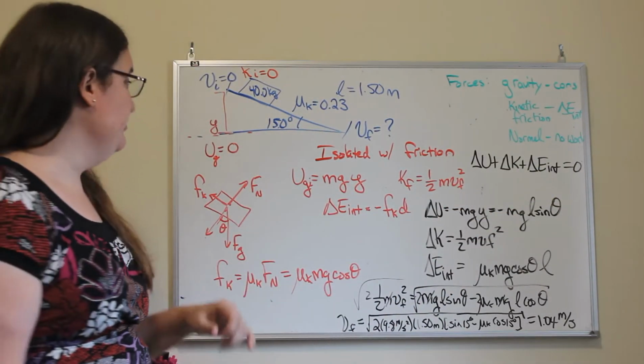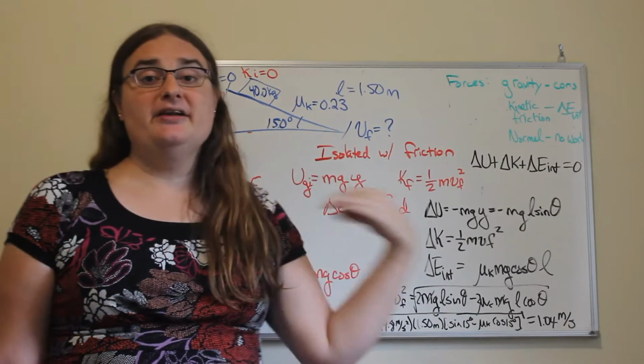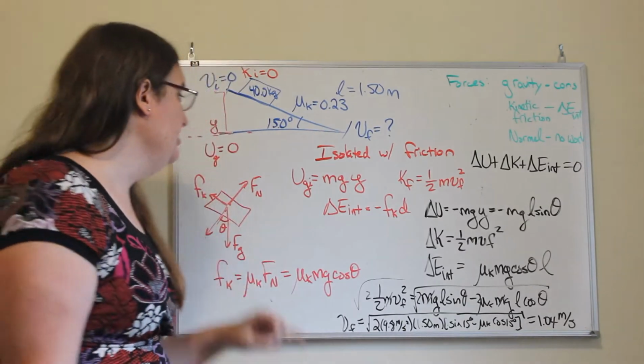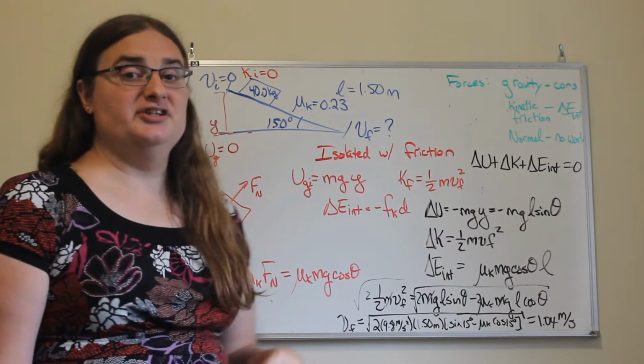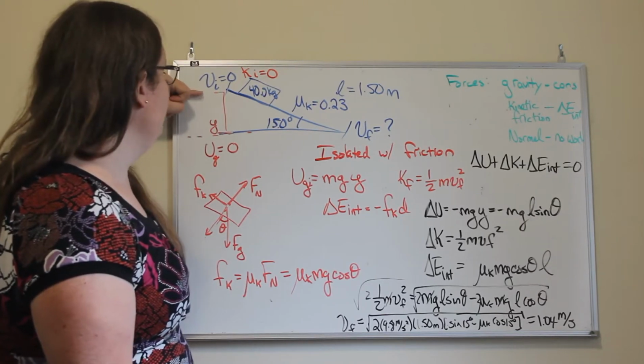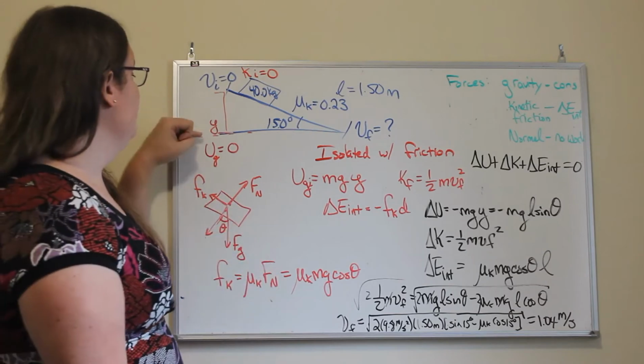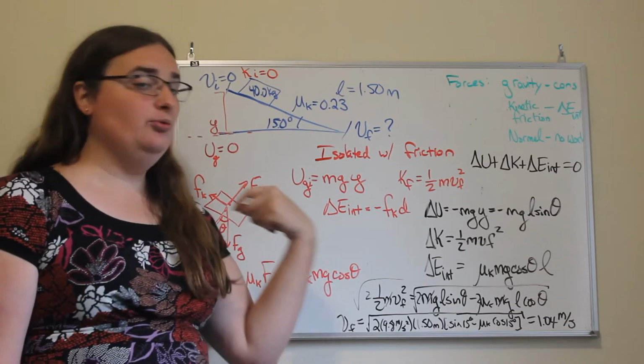So for potential energy, we can choose the lowest point, the bottom of our ramp, and call that 0 potential energy. That would be our final potential energy. Our initial potential energy is based on gravity, and it's just going to be equal to our mass times the strength of gravity times the starting height of this object, y.